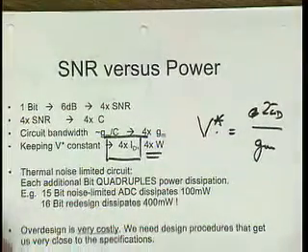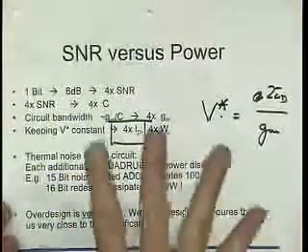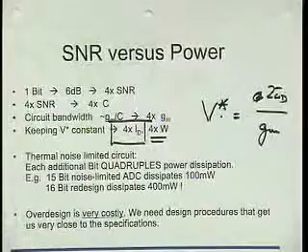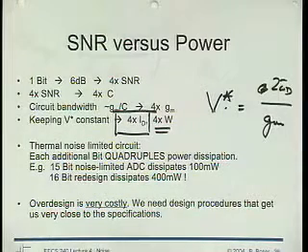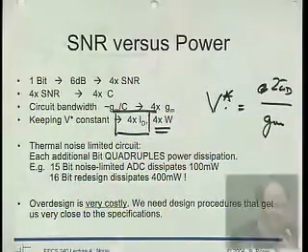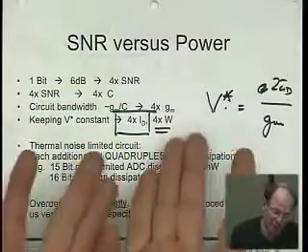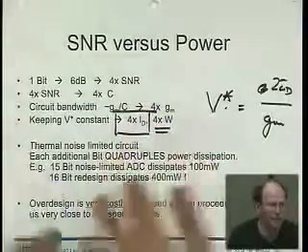Now, I should put this into a little bit of perspective, and that is, in practice, of course, the power consumption comes from a lot of things. In your A to D converter, you have this amplifier that amplifies the signal, and its power dissipation really goes up 4x if you add another bit.